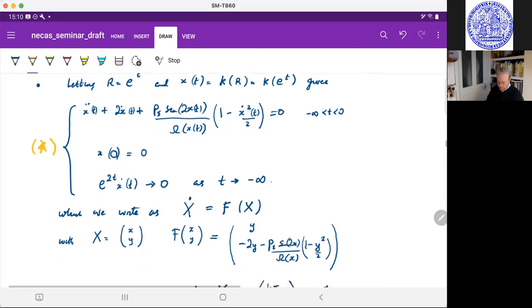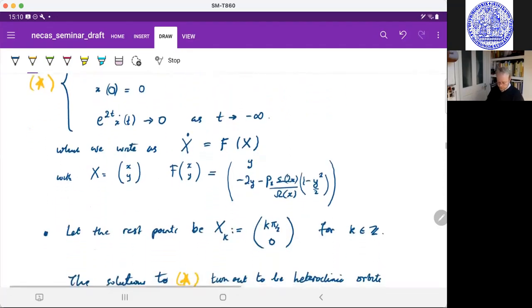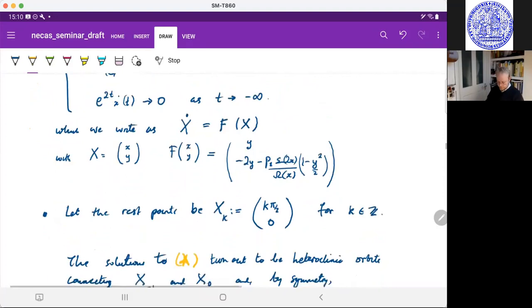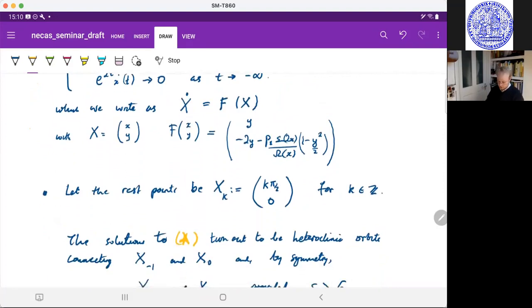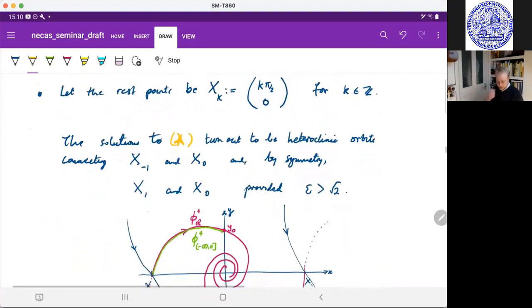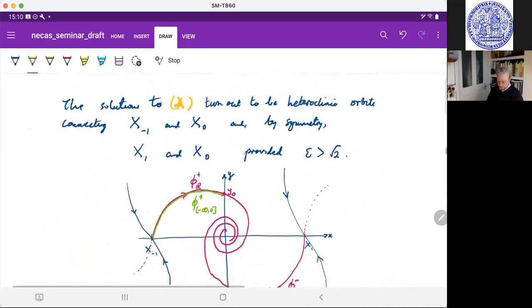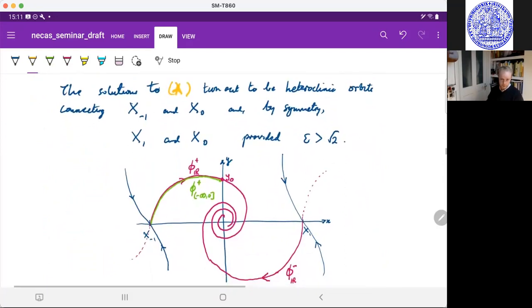And it's natural to use a phase plane method for this. So if we try and do that, then the first thing you do is look for rest points, and it turns out that the only rest points that exist are of this form. So they are at k pi by 2, where k is an integer. And it turns out that the solutions to star, that autonomous system, are heteroclinic orbits connecting either x minus 1 to x0, or by symmetry x1 to x0.